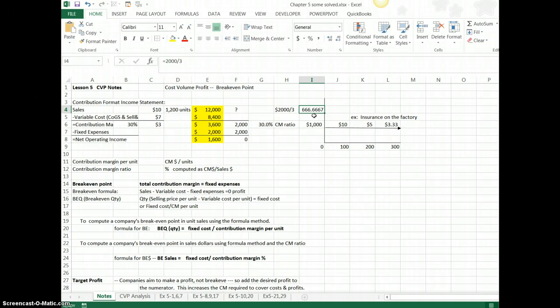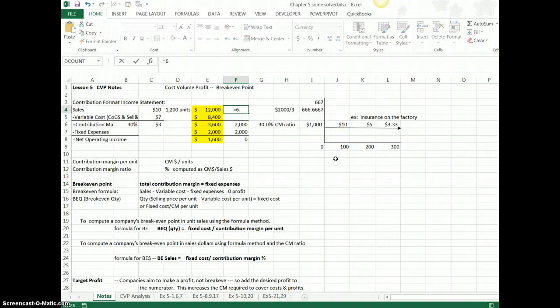In essence, I can't really sell a part of a unit, but if I sold 667 units, I should make just enough to cover all of my fixed expenses and generate a tiny little bit of profit because of rounding. All right? So let's see if that really does happen.